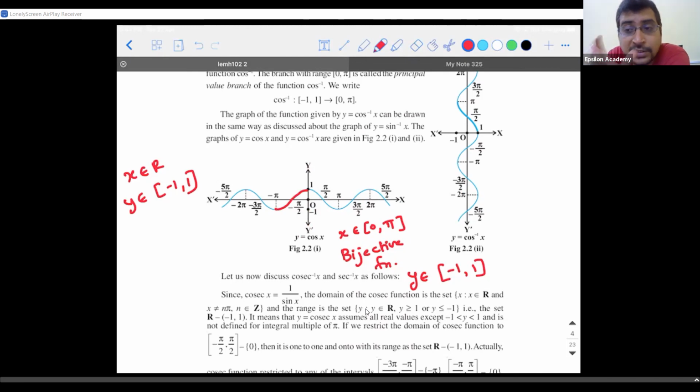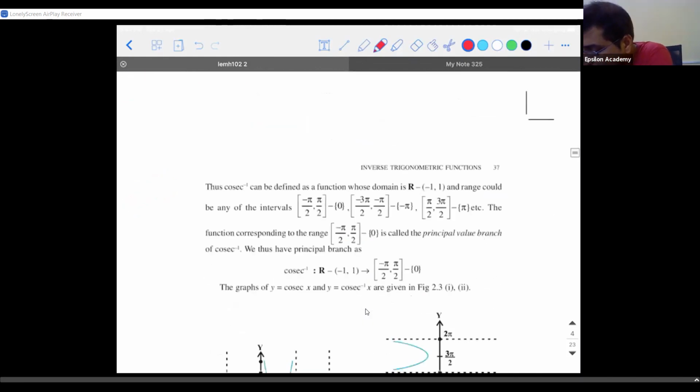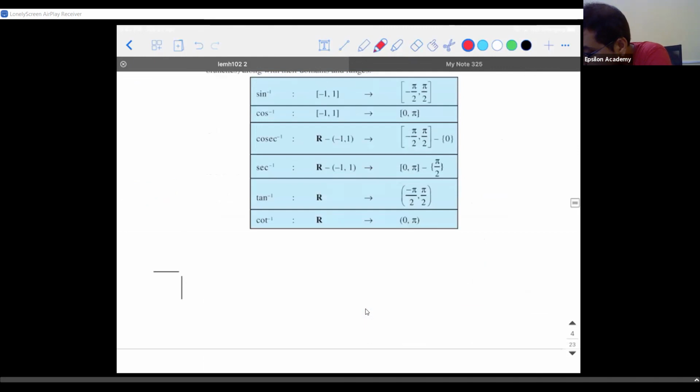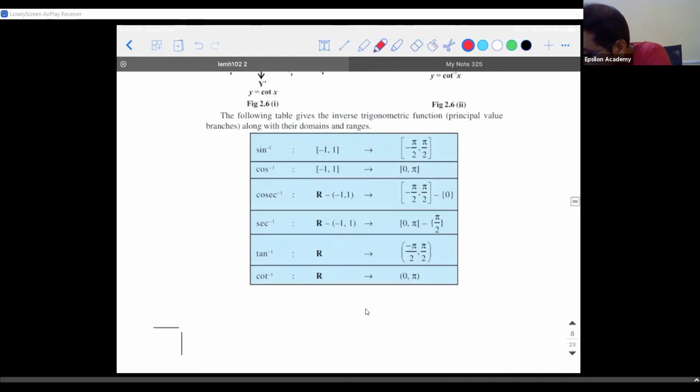This is called the principal range. Principal range means where a function is giving you 1 for the first time, where a function is giving you -1 for the first time. So you will be using the word principal. I'll come to it slowly. Here they would have told the principal value of branches. I was about to introduce it, but you asked.